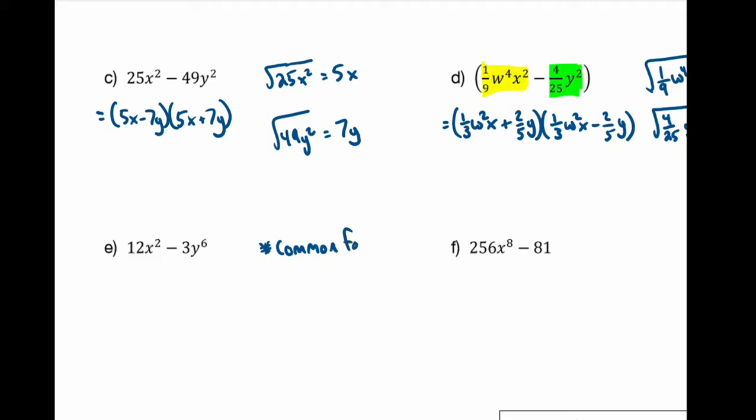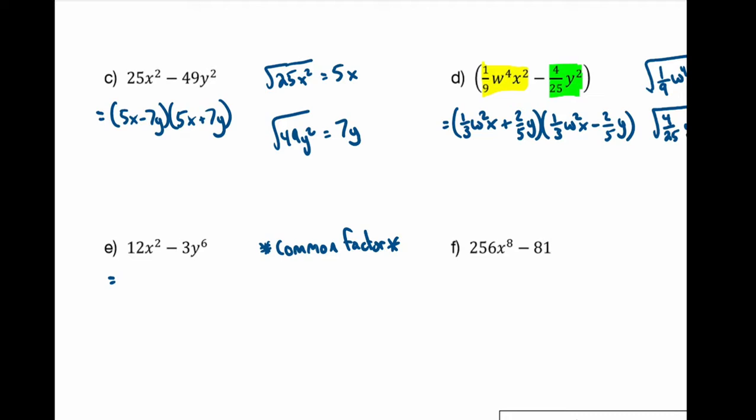So again, we always come across examples where we may have to common factor first, and that's something that you should always be looking for. You should be looking for that common factor first, especially if it fits a pattern or looks like a pattern that we're used to, but we can't factor it that way. Chances are that if we can common factor it, it will be able to then be factored further.